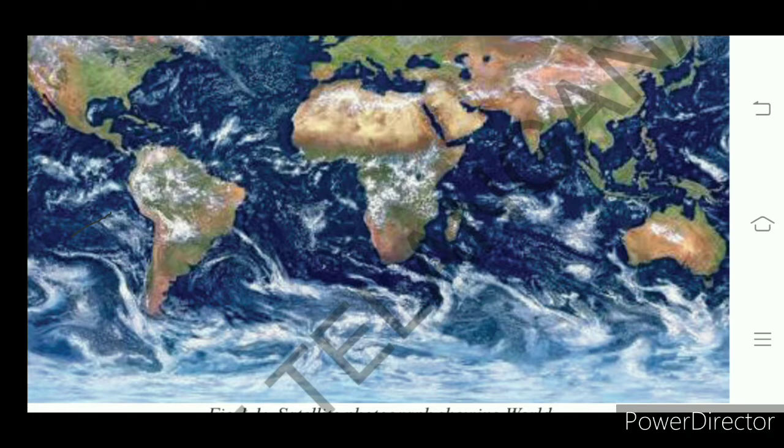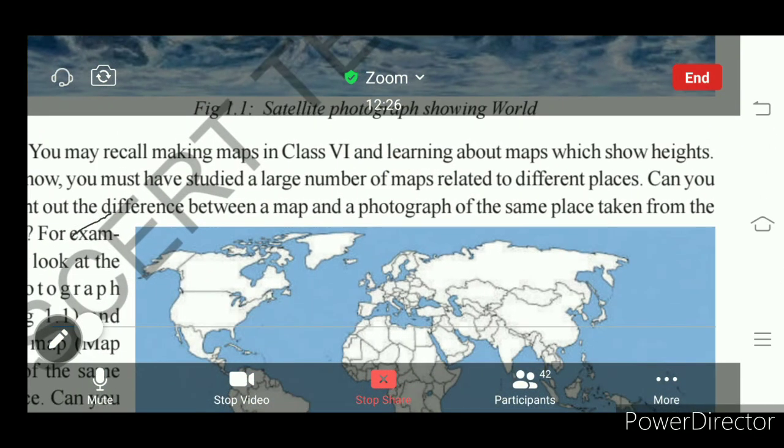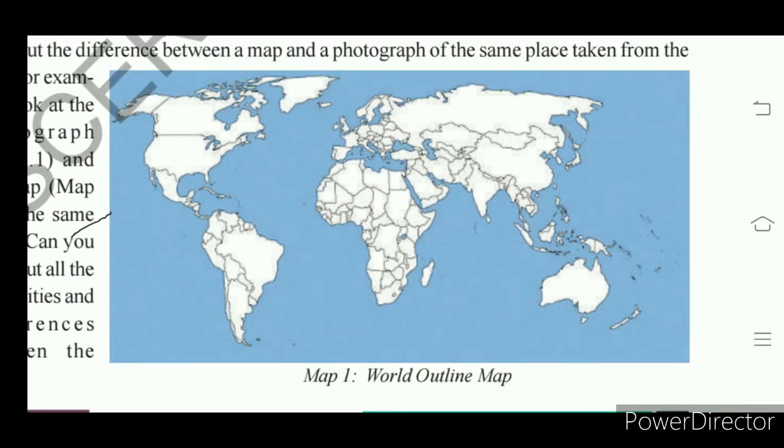Suppose a map maker wanted to know the climate of the world, then the map maker makes a map showing the climate of all the continents, right? Because he wants to study the climate of all the continents.